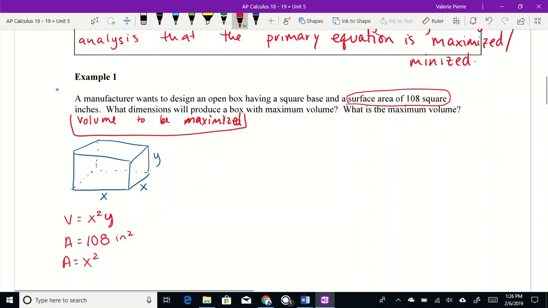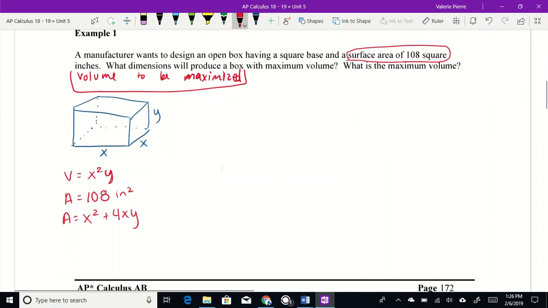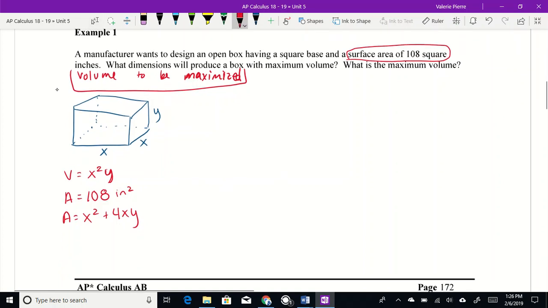And then I have 1, 2, 3, 4 sides along the side who have an area of x times y. So I have 4 x times y sides. And then I don't have a top. I don't have a lid to this box. So I can rewrite this as 108 equals x squared plus 4xy.